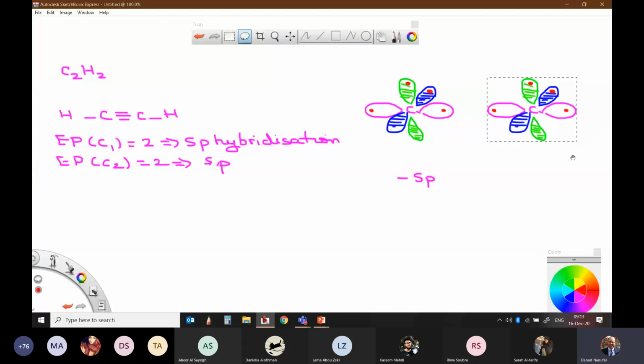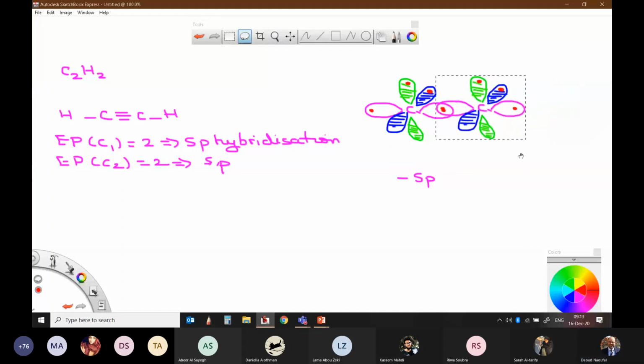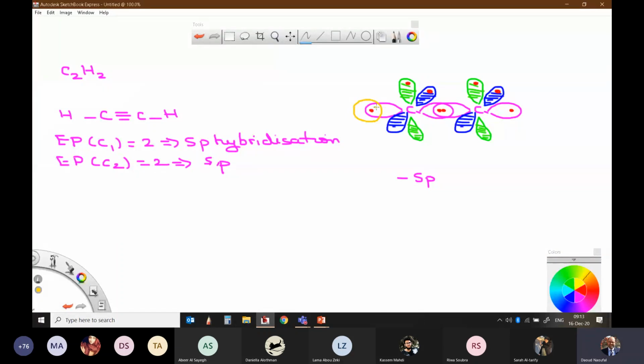This is the second carbon, so we will now have the bonds. Count the total. We have hydrogen from this side, 1 hydrogen with 1 electron, and from the second side, we have also 1 hydrogen with 1 electron. Count the number of electrons around the first: 2, 3, 4, 5, 6.